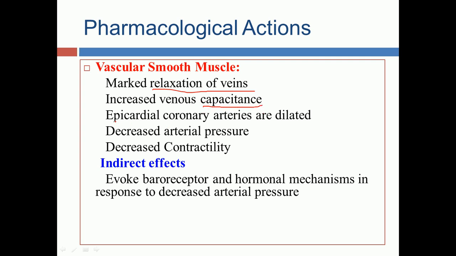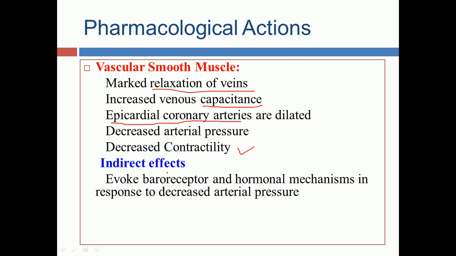So epicardial means the coronary arteries that are present on the cardiac tissue are dilated, decreased arterial pressure and decreased contractility. So ultimately these will cause relaxation in myocardium and oxygen demand will be reduced.